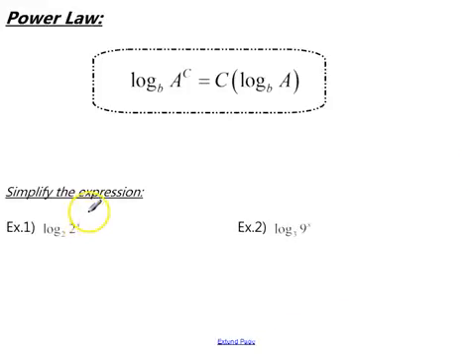Let's go ahead and simplify these expressions. The first thing we're going to do is take this x and bring it down in front as a coefficient. So we have x times the log base 2 of 2. Now what we want to do is take this part and convert it into exponential form. So let's set log base 2 of 2 equal to, let's use a different variable, y.